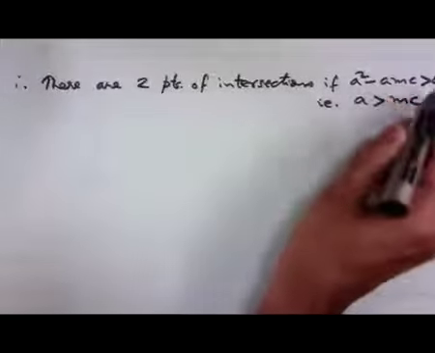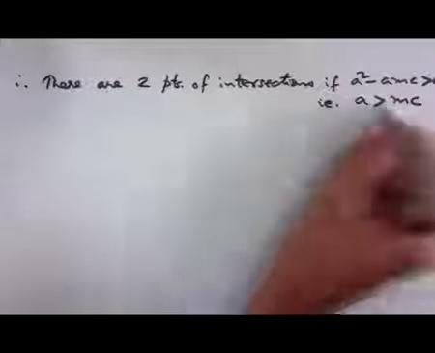So, this is the condition when discriminant is positive. We have 2 points of intersection.